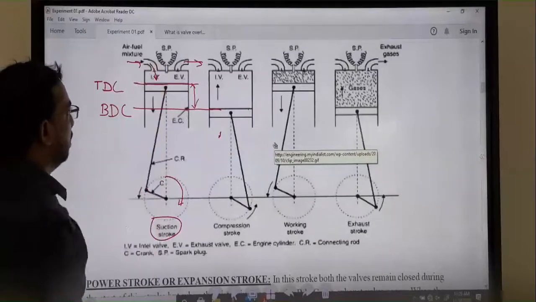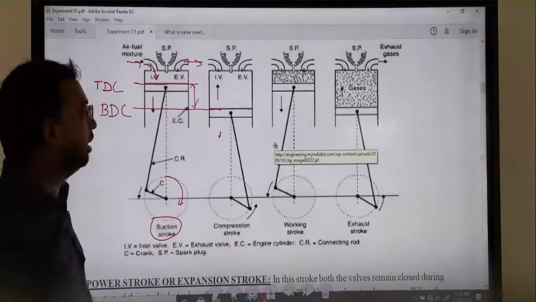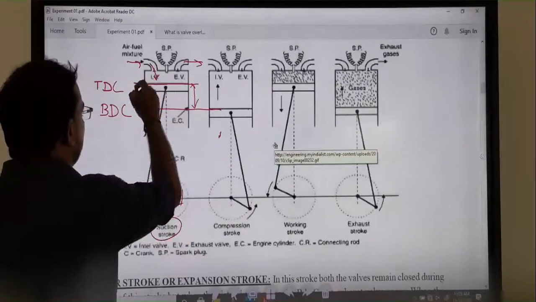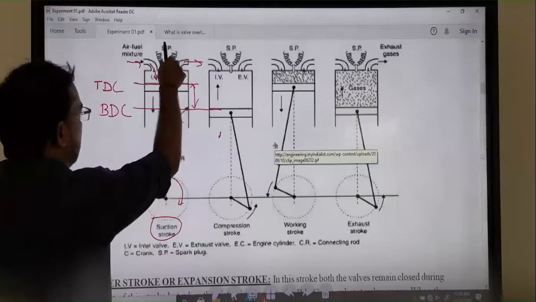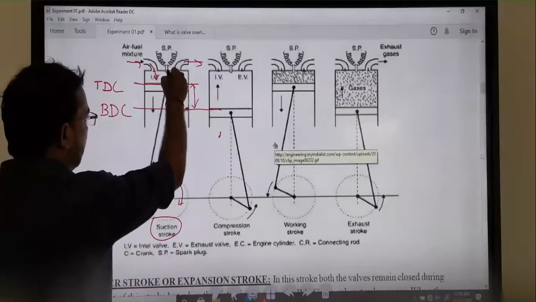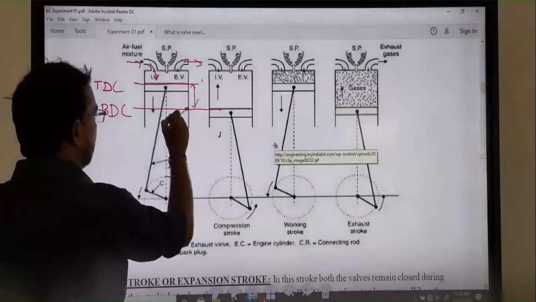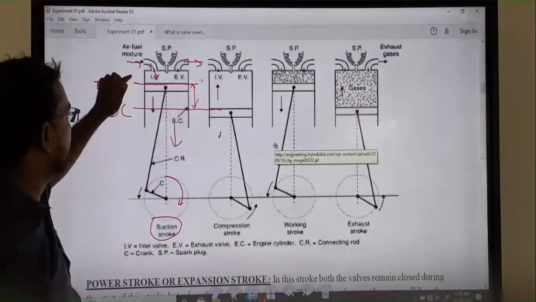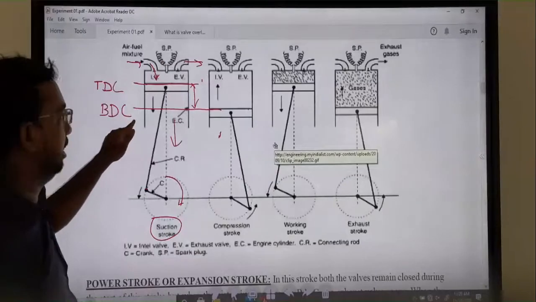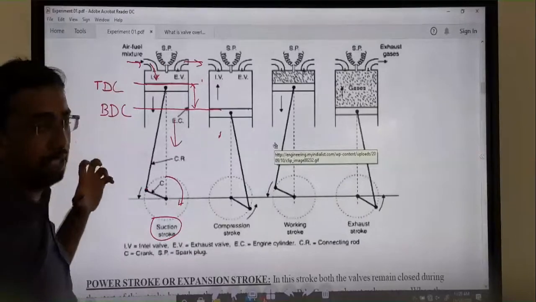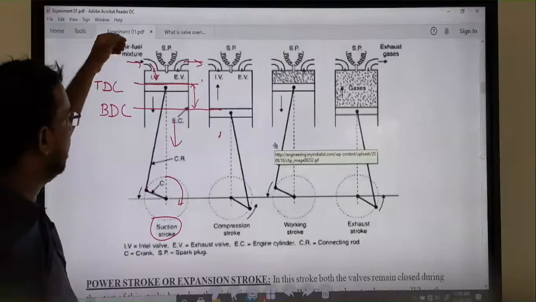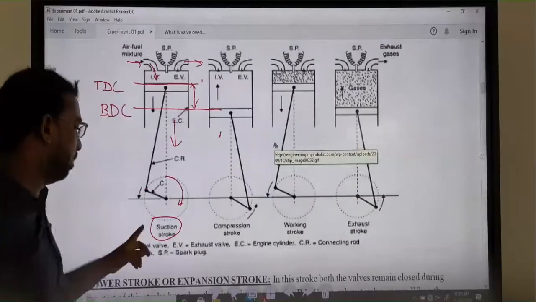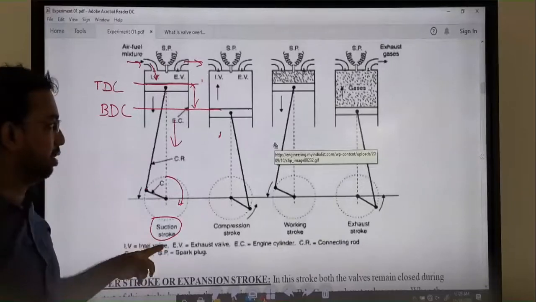The piston starts to move from this line to this line, from TDC to BDC. At that time a particular amount of air mixture is inserted into the combustion chamber. That process is called the suction stroke.